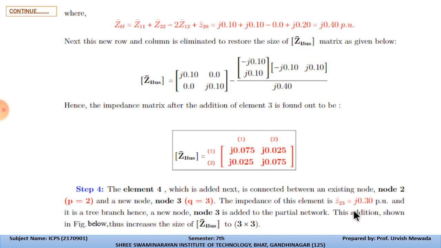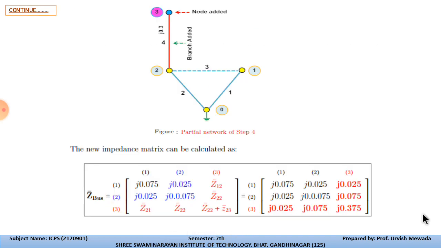The impedance of this element is Z23, because we have added the node number 3 and it is connected between 2 to 3, that's why it is 2 3, so 0.30 pu. And it is a tree branch, so a new node 3 is added to the partial network. So this addition shows in the figure, means diagram. So thus it increases the size of ZBus, and that will become 3 by 3.